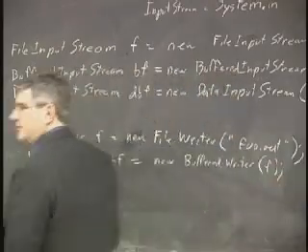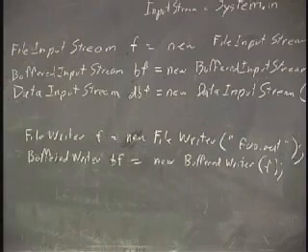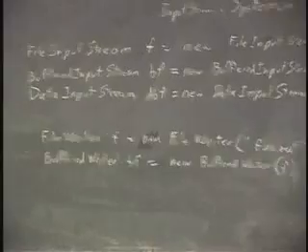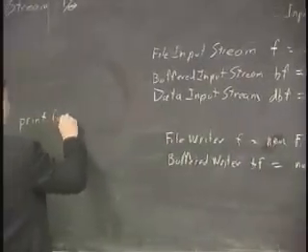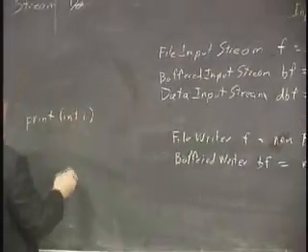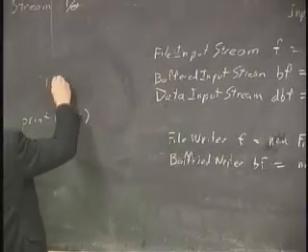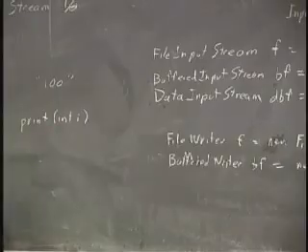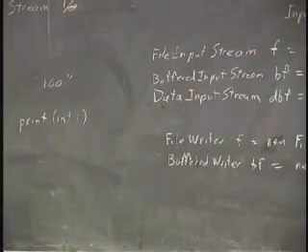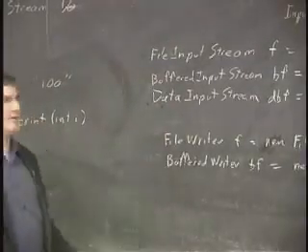And finally, we want to be able to do neat things like print an integer, say, and have it come out as a nice string like 100 in text form rather than binary form. And unfortunately, our buffered writers don't have all those routines on them.